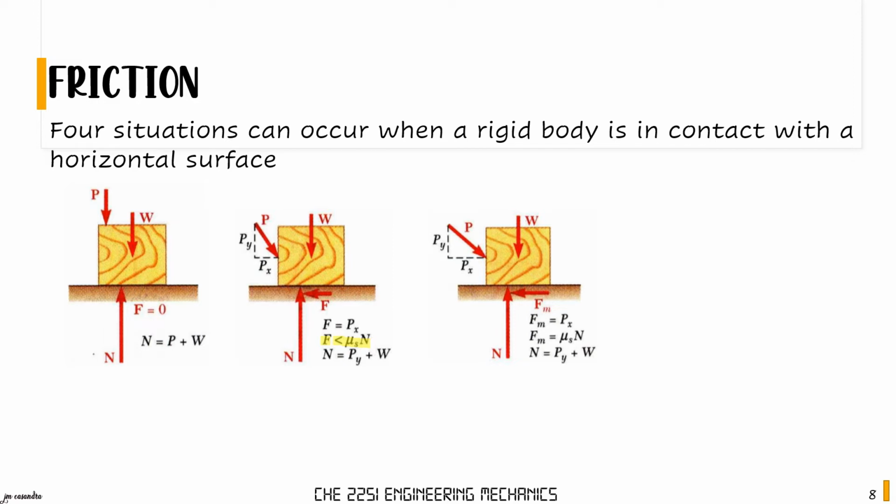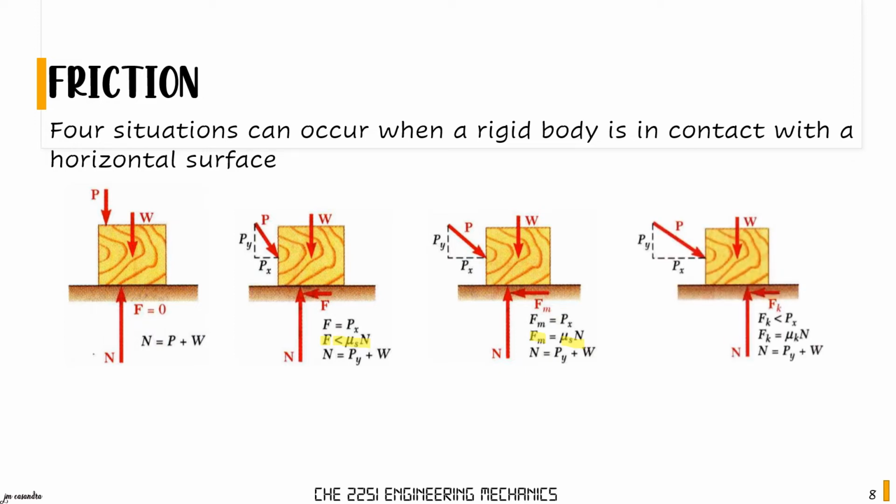If now our friction force is equal to mu s times N, then this is a situation where there is impending or starting motion. And lastly, if the kinetic friction is now lesser than your P sub x, we will have motion, or we have already started the motion.